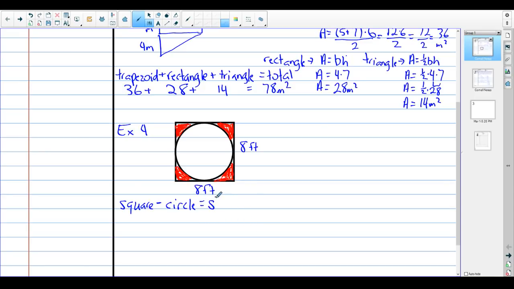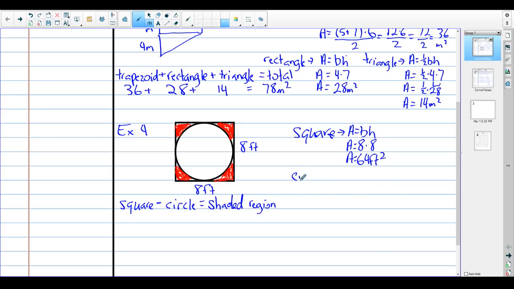That is our shaded region. We still find the area of both parts. Our square, A equals base times height, or side squared. 8 times 8, which is 64 square feet.